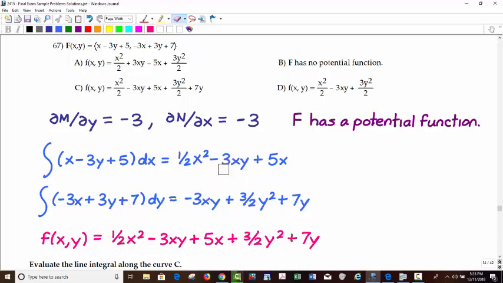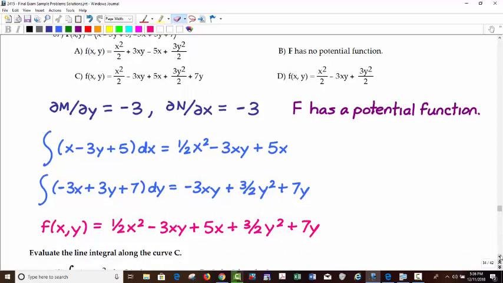Minus 3xy is common to both, so there's minus 3xy, and then every other term is in there somewhere. So obviously the order doesn't really matter other than you've got to match the right answer. So I did write it out in the order of what the correct answer C looks like, but there's no mathematical reason it has to be in that order. All right, so there we go.